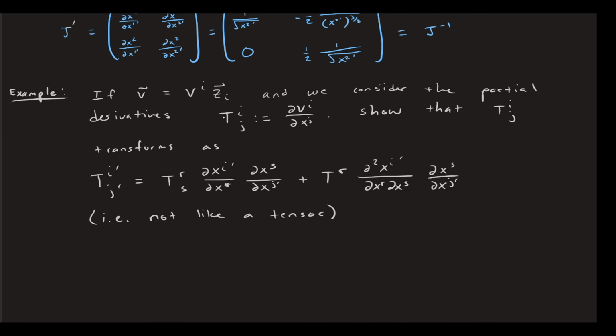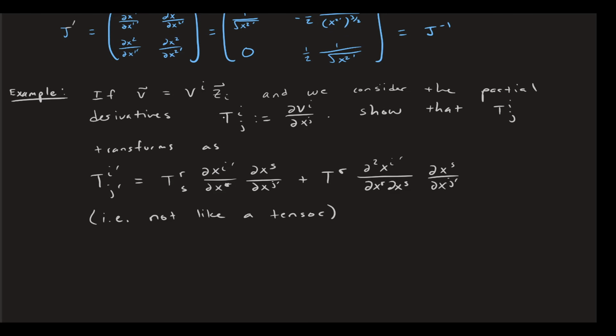Meaning partial derivatives of tensor components need not transform like a tensor. So that's a little bit of a problem that we'll readdress in the future. Taking derivatives of tensor components need not produce a tensor operation. This partial derivative is not a tensor. Even though it might have two indices, it would not be a true tensor transformation.